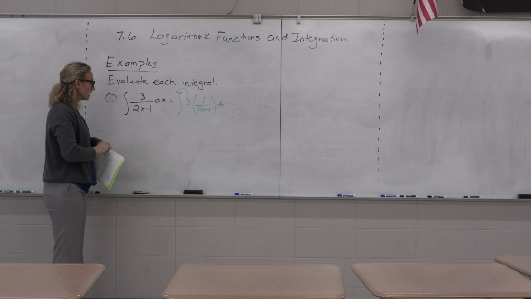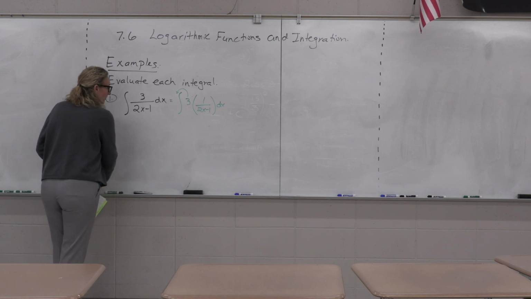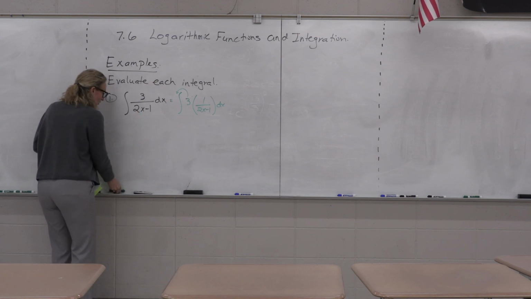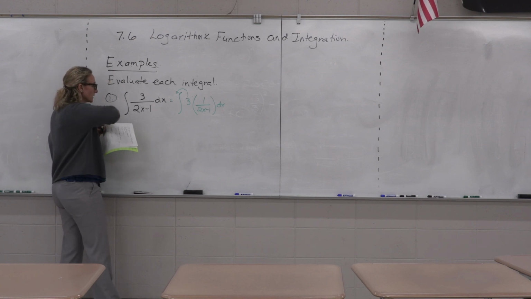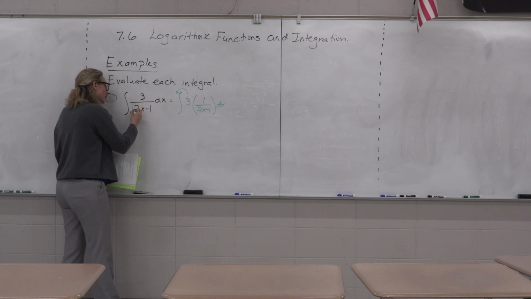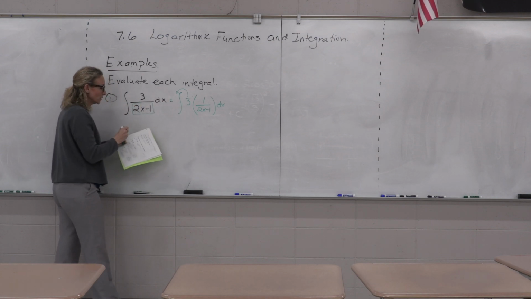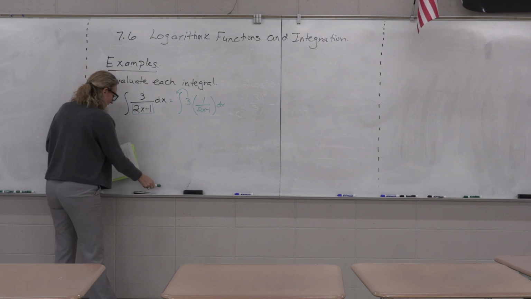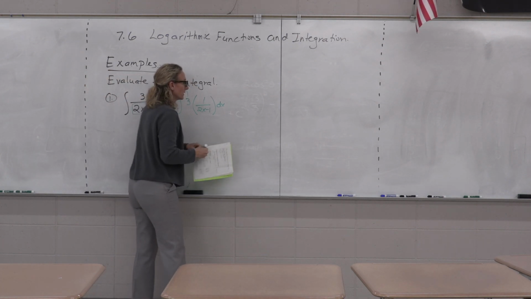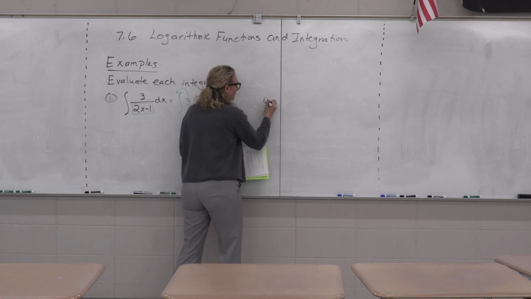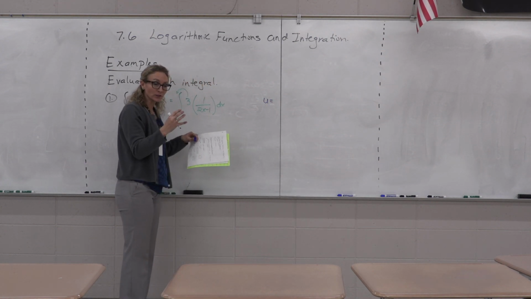Now, what I'm noticing is that we have this function within a function. Remember what I just got done saying? If this piece underneath here is anything other than a straight x to the first, you have to do a U-substitution. Okay, so sidebar work. U is going to equal the inside function, or inside layer.